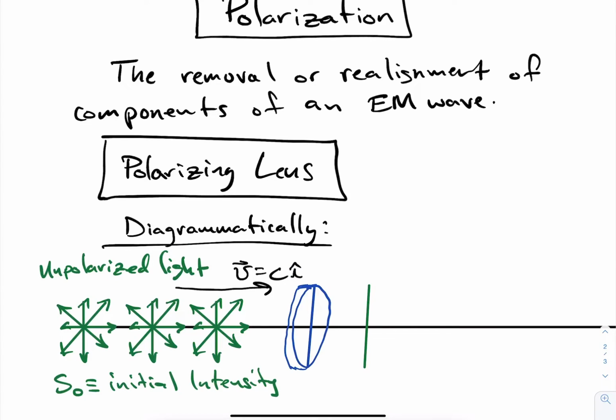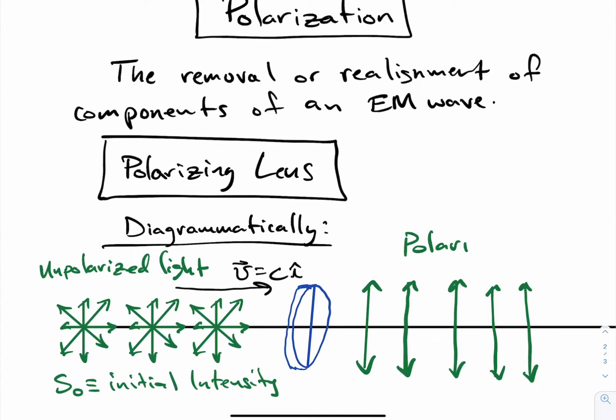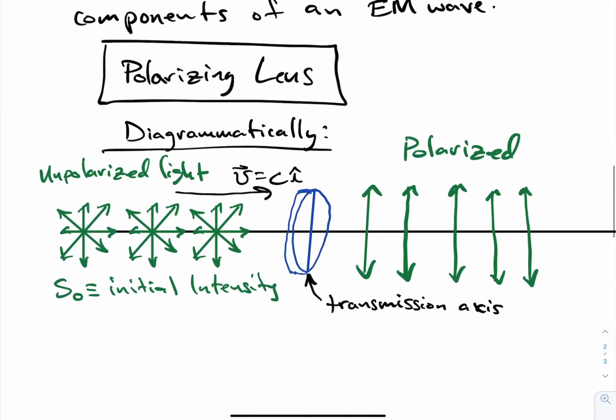Anyway, it'll keep going in the same direction as the transmission axis. And so we have all this polarized light. This is polarized. And this, we might note, is our transmission axis. And our transmission axis gives us the direction of the polarized light.